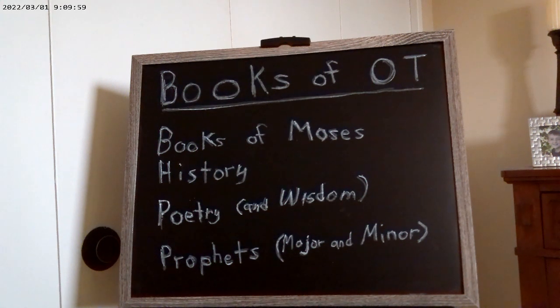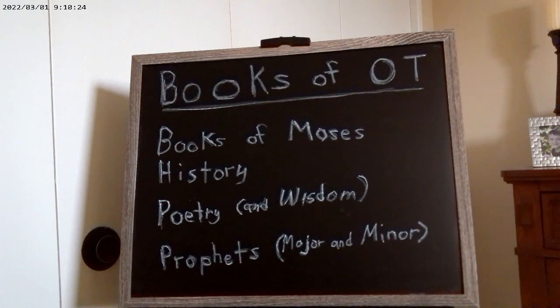It's not a value judgment as to what's important and what's not important. The minor prophets contain information and statements and some of that forthtelling and foretelling that is every bit as important as the major prophets.